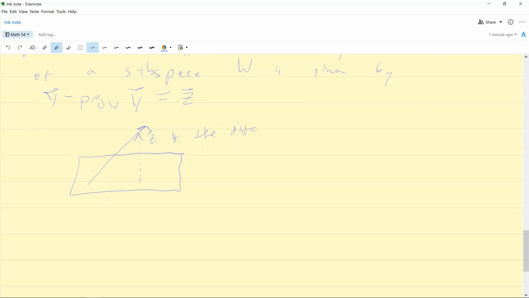The approximation itself is going to be the projection that lies within W. So we're actually looking for the projection of y onto W, not the original vector minus that, right? So that's going to be false.